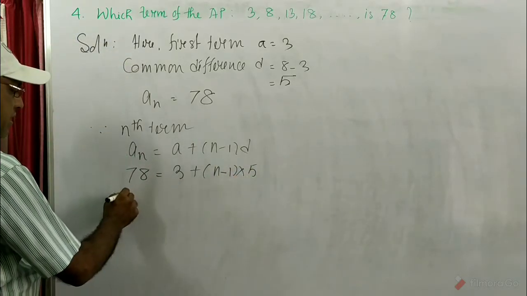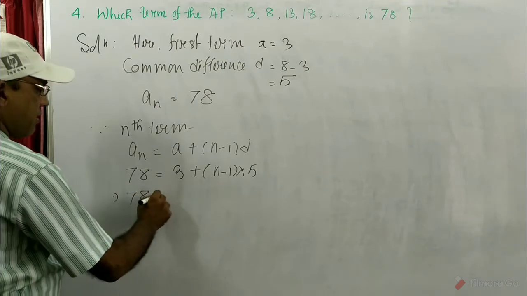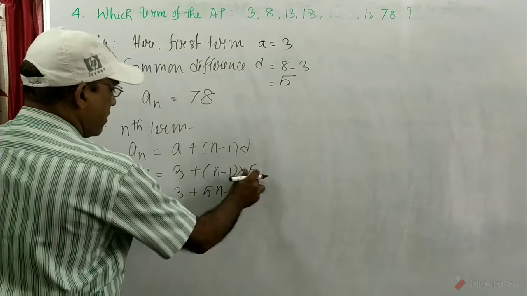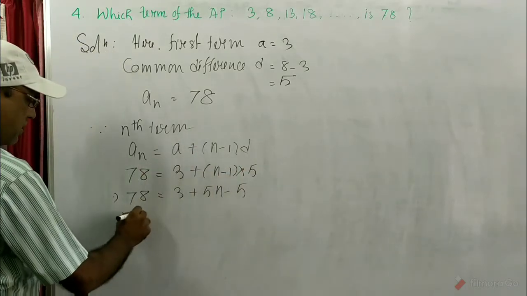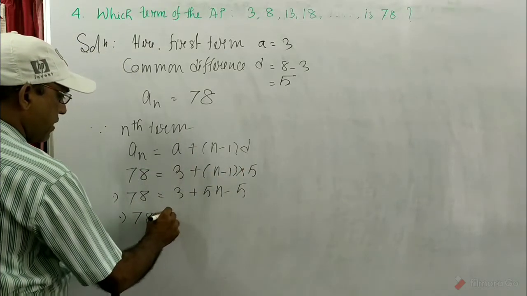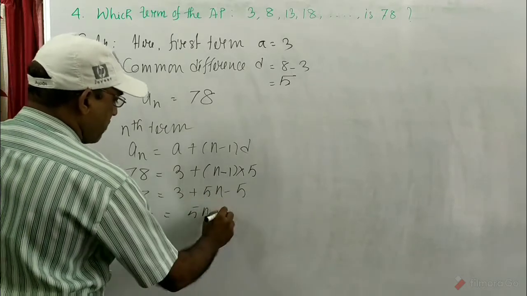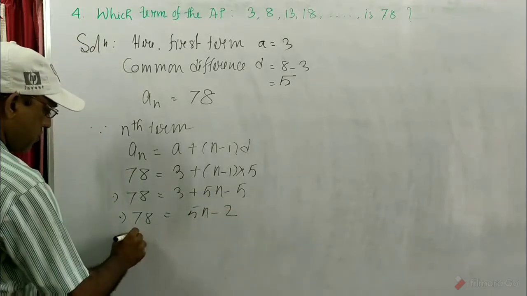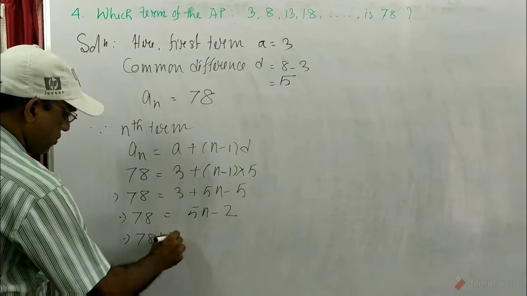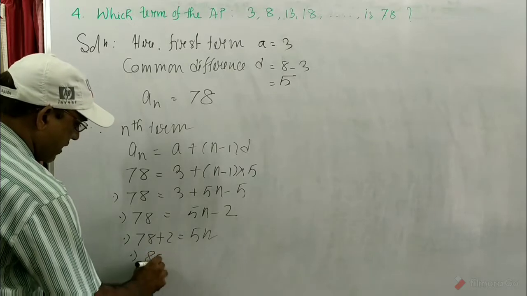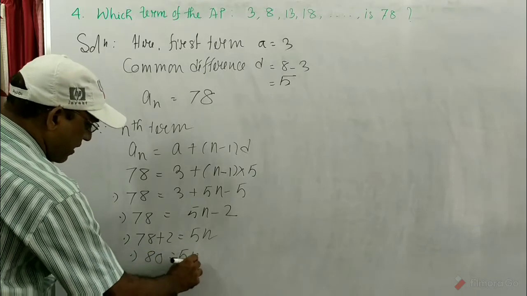So 78 equals 3 plus 5n minus 5. This is 5n, and 3 minus 5 is minus 2, so 78 plus 2 equals 5n, and 80 equals 5n.